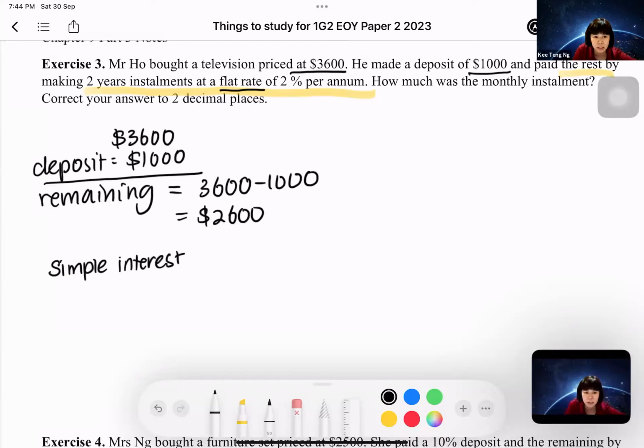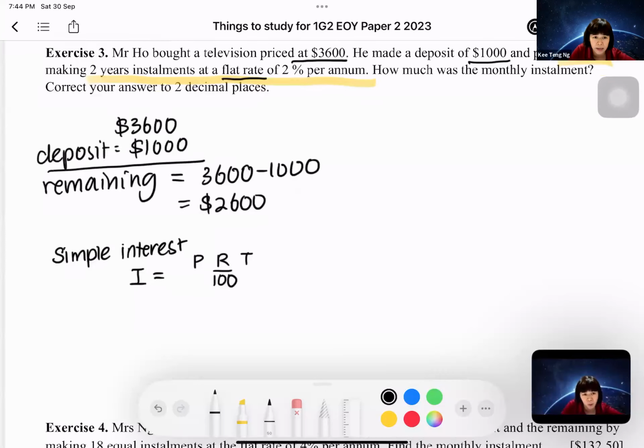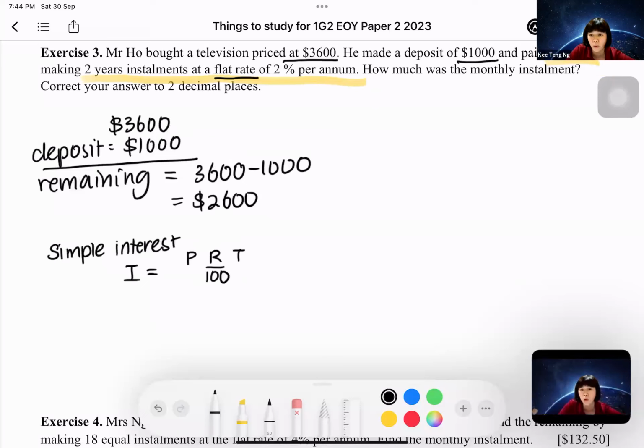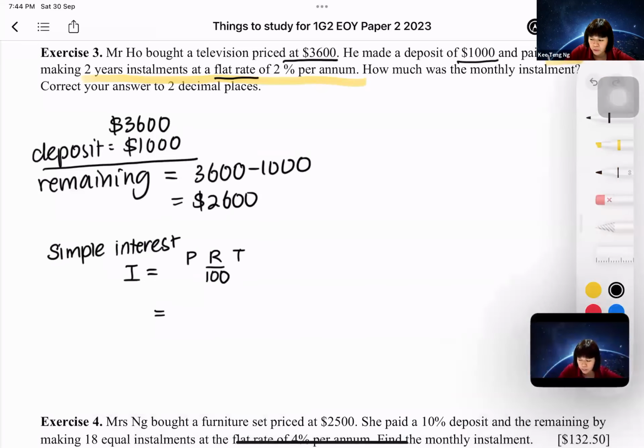Simple interest is given by the formula I equals PRT over 100. Okay, what is PRT over 100 and what is I? I is the interest, the amount additional. I don't borrow money for free, right? I need to pay a certain interest. So this is the interest I need to calculate, right?